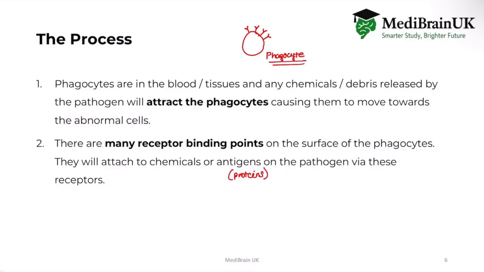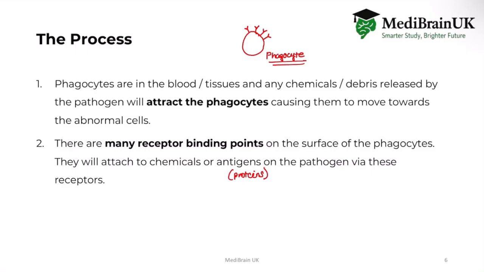Phagocytes have so many receptors on their surface that they will have the ability to bind to these proteins, these antigens, these chemicals that have been released by the pathogens. So the pathogen has entered the body. It started releasing chemicals and proteins in your body. The phagocytes which are circling your body have detected those chemicals being released.